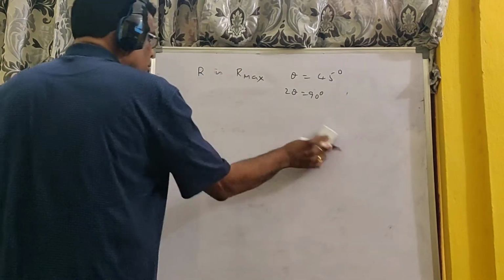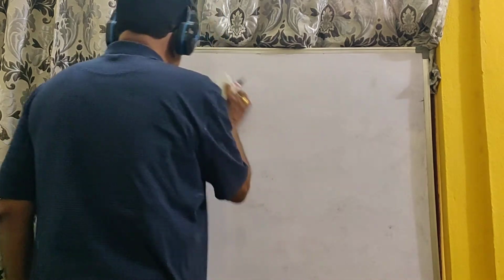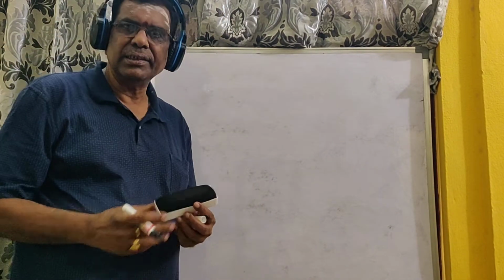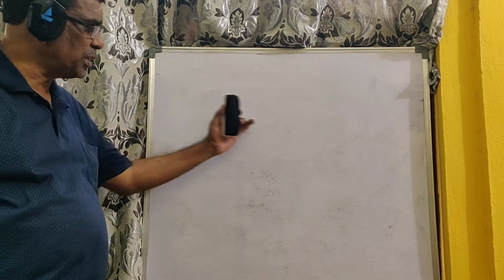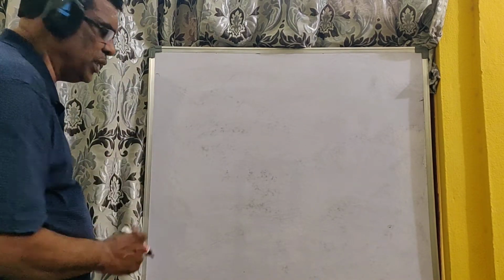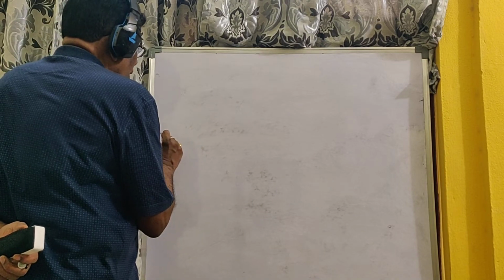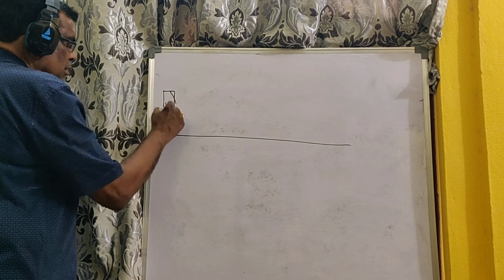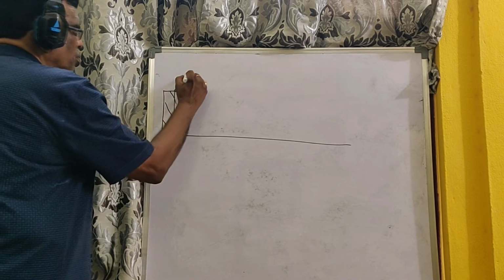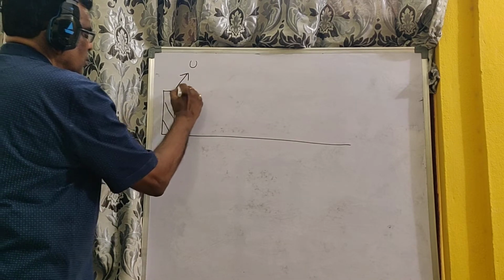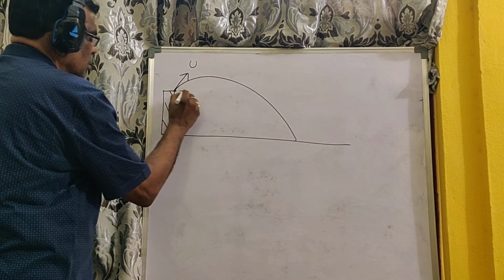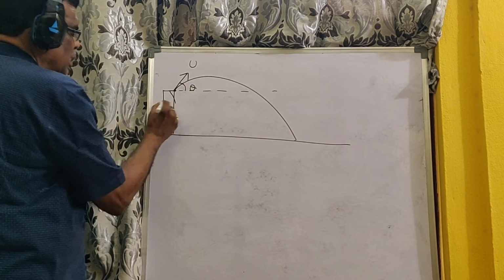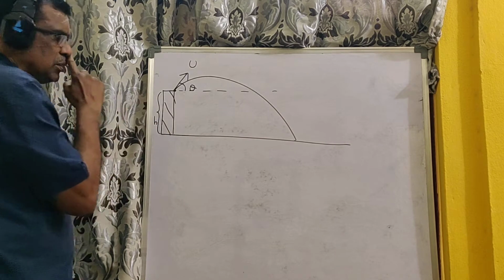Now, we have seen a few cases in the case of oblique symmetric projectile. We have seen some of the complicated things also. Now we will go a little deeper into it. Say, for example, I am projecting a body like this with u at an angle theta, let this be h.